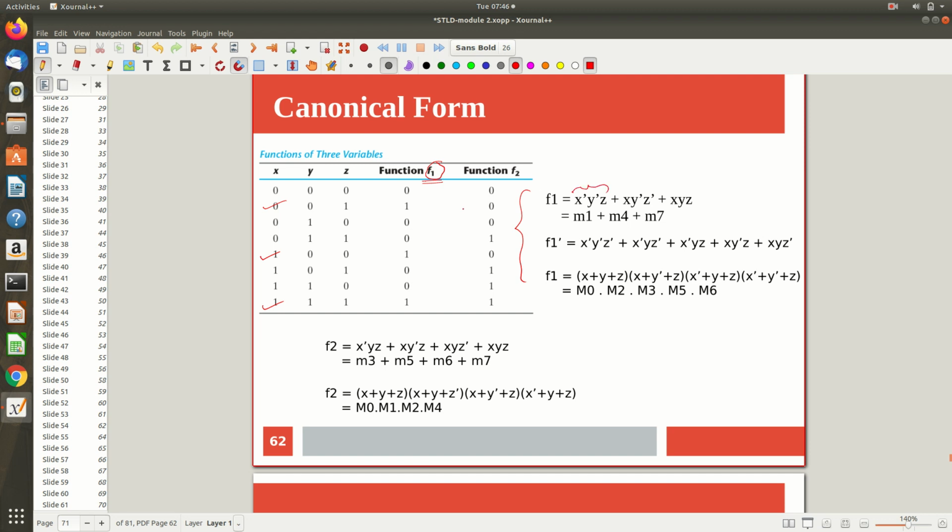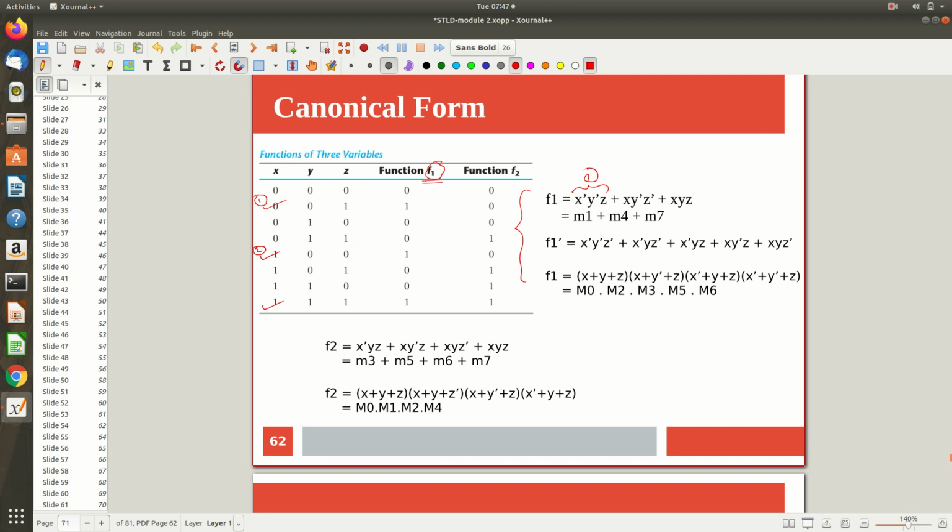See, this is the first case. It corresponds to x equal to 0, y equal to 0, z equal to 1. That means x dash dot y dash dot z is equal to 1. Function is giving me 1. Similarly, this is the second case. How can I write it? x, y dash, z dash, right?